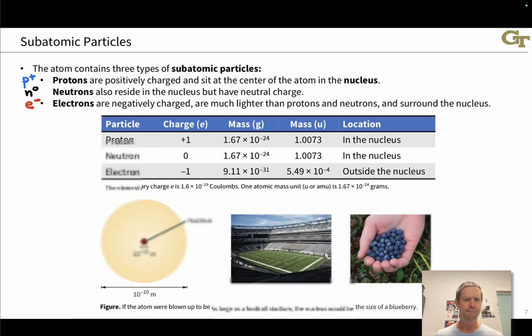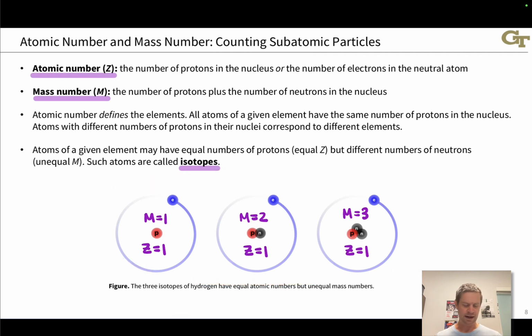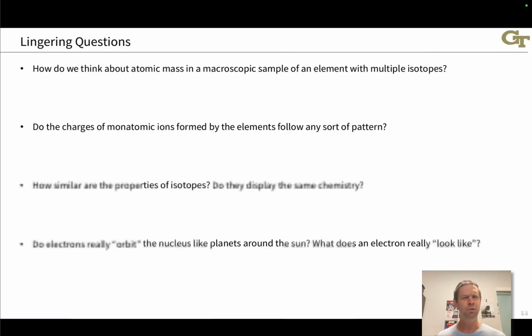We've seen that actually the mass in the nucleus can vary for atoms of the same element. Hydrogen 2 is about twice as heavy as hydrogen 1, for example, but a macroscopic sample of hydrogen could contain a mixture of these three different types of isotopes. So how do we deal with that on the macroscopic scale, where we're dealing with an unfathomably huge number of atoms distributed over various types of isotopes?